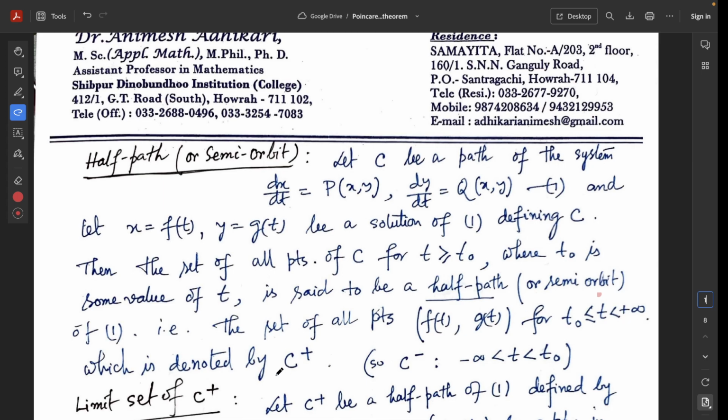And the segment of the path for minus infinity less than t less than t0 is C minus. So actually, the trajectory C is the union of C plus and C minus.